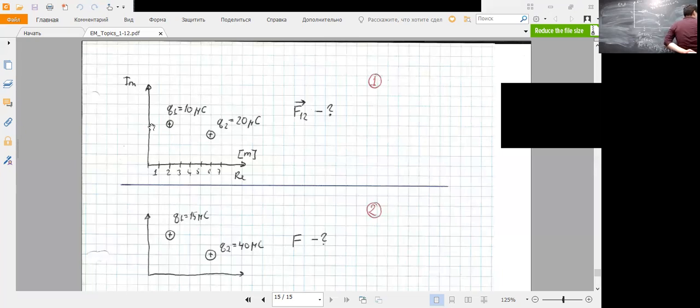So F12 is equal to K, which is 9 multiplied by 10 to the 9, multiplied by Q1, 10 to the negative 5, multiplied by 2 multiplied by 10 to the negative 5, divided by R squared.